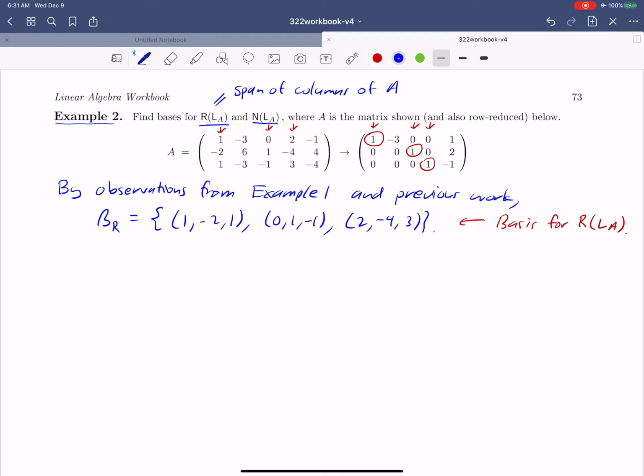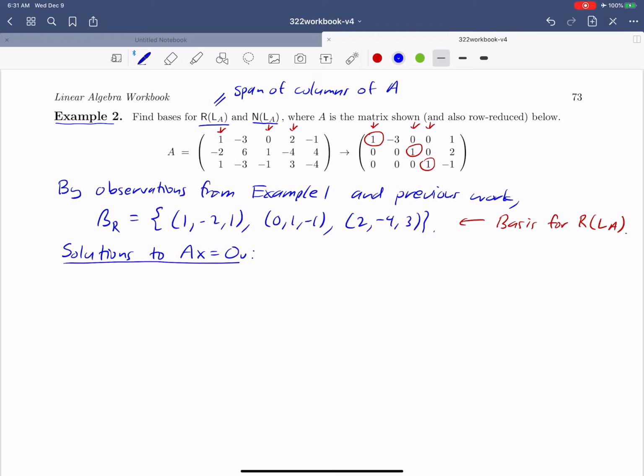Let's start by reminding ourselves what the null space is. This goes back again to example 1. The null space of this particular linear transformation is the set of all solutions to the system AX equals 0. We'll start from there.